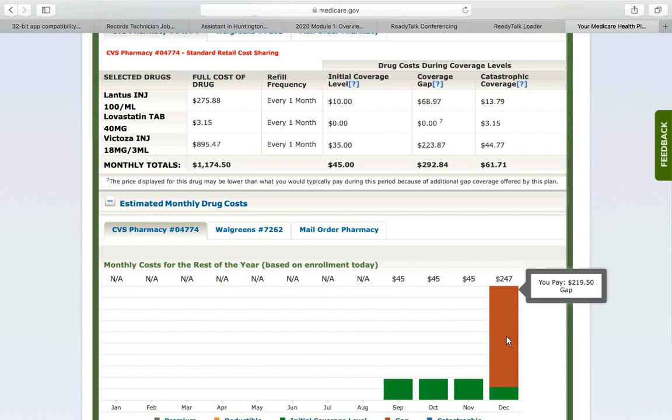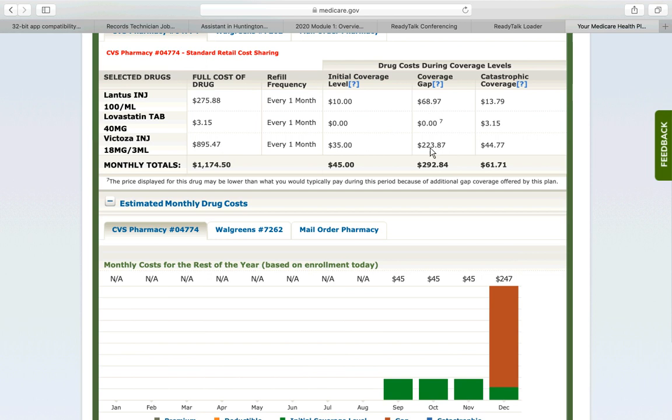Now, one of the things to consider is that when they're in the donut hole or the gap, even though they're paying 25% of the cost of the drug, which would be these numbers here, 25% of Lantus would be just under $70. 25% of the Victoza would be just about $225 per month.